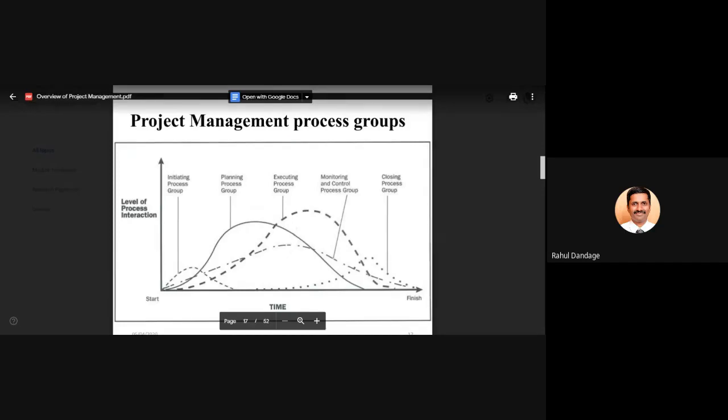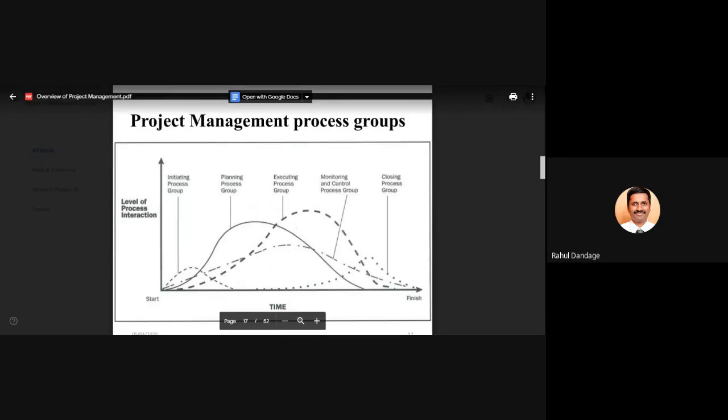Looking at the diagram, Anagha says a cycle. Okay. Any other views? It is starting of what and finish of what? Project management process. Project management process.